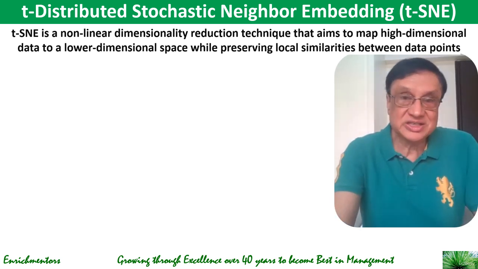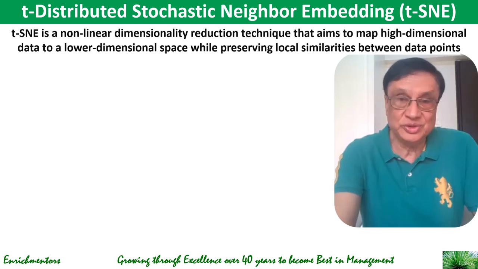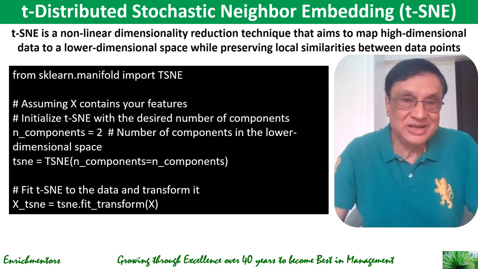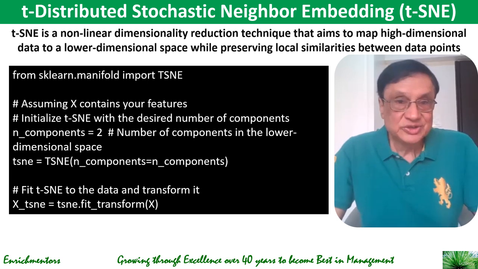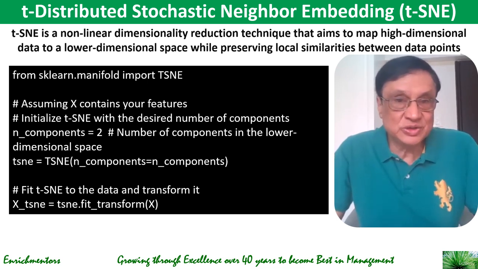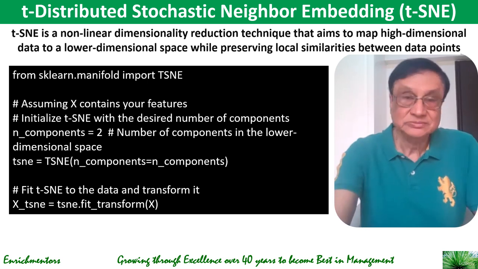And again, it is now programmed, it's available for you in any of the programs. And what are the commands you need to do in sklearn? Let's take a look at that. Again, you assume X contains your features, you import TSNE first, then you initialize TSNE with the desired number of components. Again, you can choose 2, 3, 4. Then you fit TSNE to data and transform it, and voila, you have your answers.